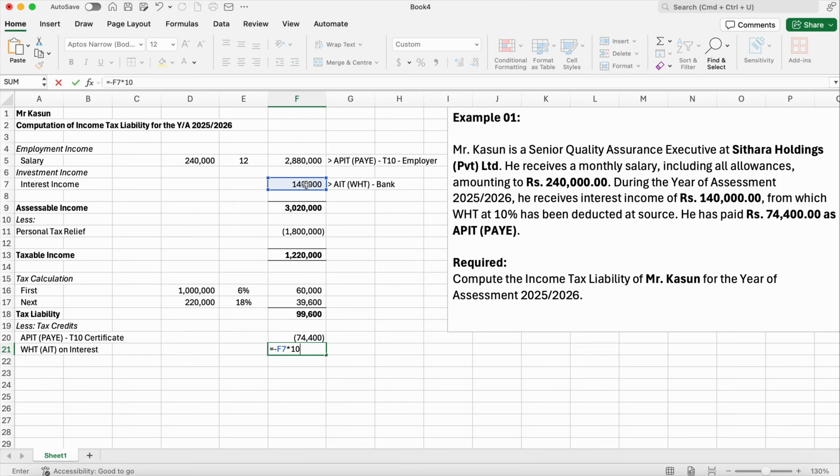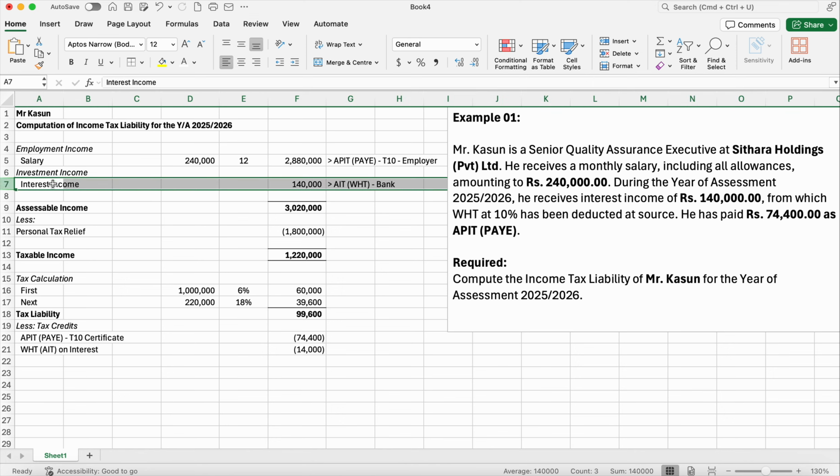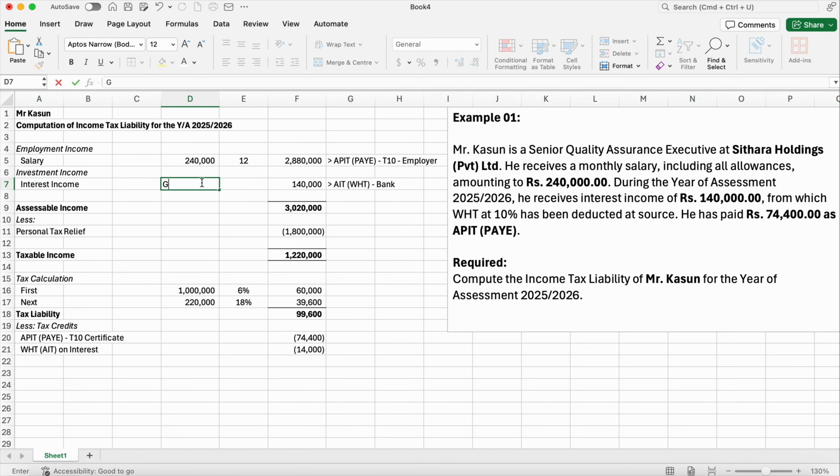In the exam, mostly the examiner won't give that figure, so you need to calculate it: just gross interest multiplied by 10%. Based on the interest income, the bank will deduct 10% and remit it to the Inland Revenue Department. You receive the net interest, but for the calculation you need to take the gross interest, and you can take the credit for how much they deducted as advance income tax.